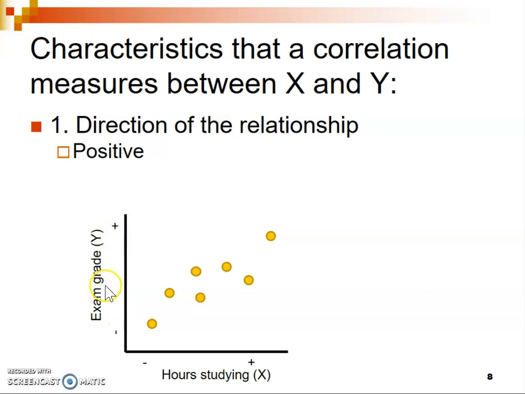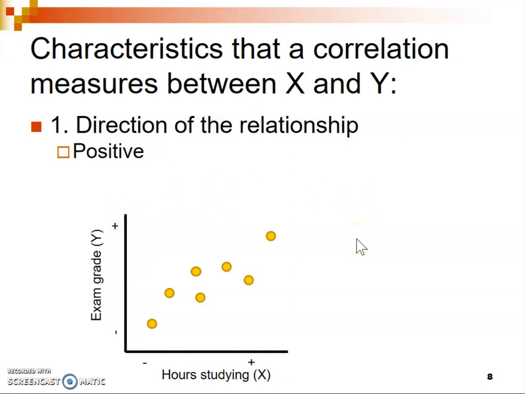We're looking at the relationship between your studying and your exam grades. In general, the way that graphs are set up is we always have 0 at this crevice here, and smaller numbers are closer to that crevice. The further you get along this line, the bigger the numbers are. Same thing goes for the y-axis. Down here we have the smaller numbers, and as we go up, it's larger numbers.